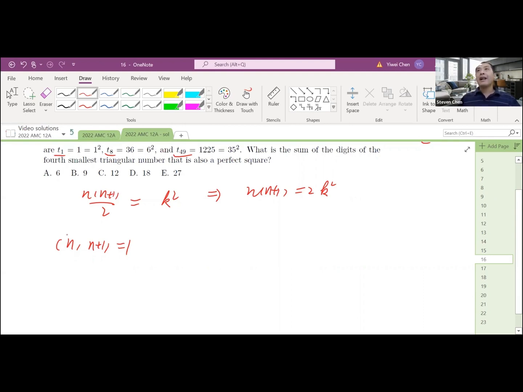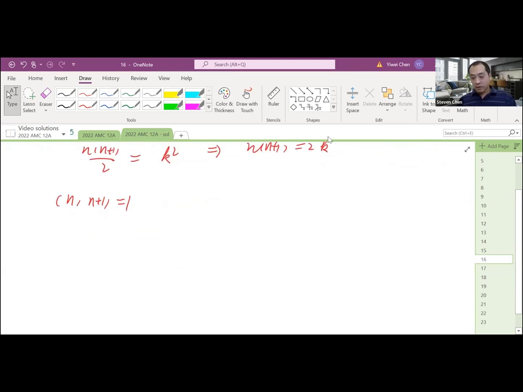But in this allocation process, we have to make sure that n and n plus 1 cannot have the same prime factors. Otherwise, they will not be relatively prime, right? So this is super important in the following sense.